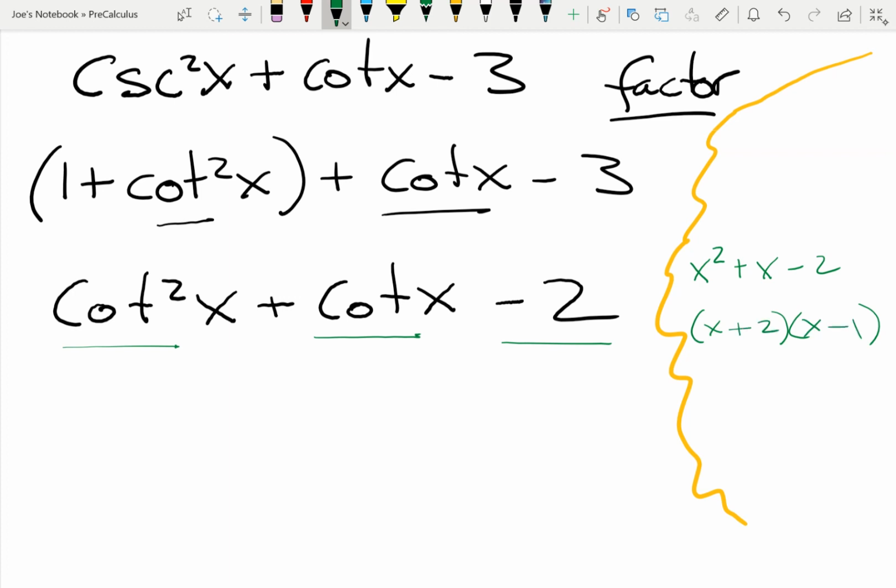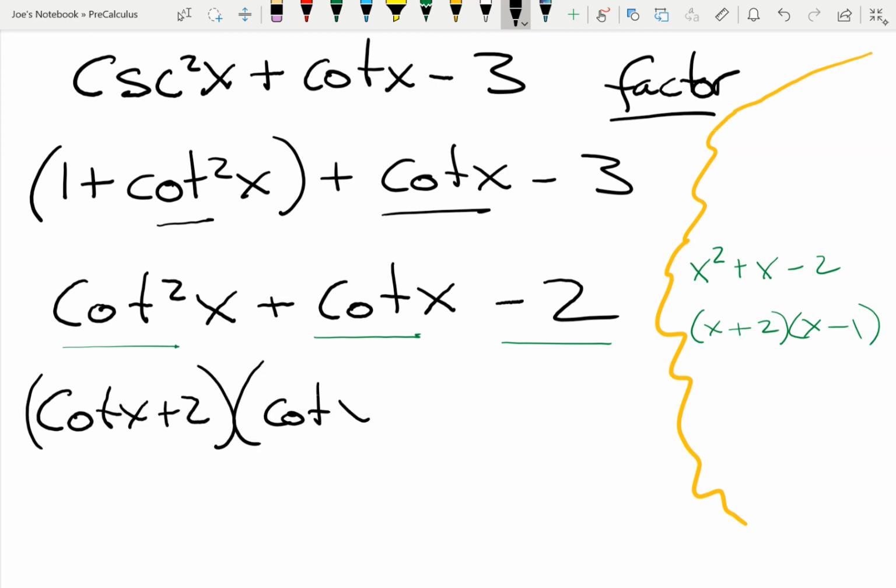Now it's the same thing, but this time we're going to have cotangent of x plus 2 times cotangent of x minus 1. And later on when we solve, we'll set it equal to something. But for today, that's it.